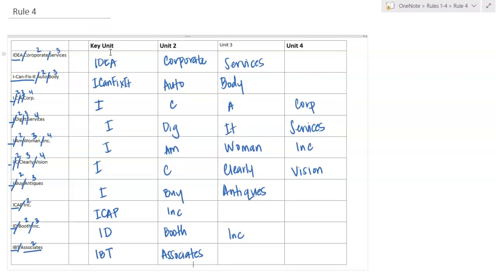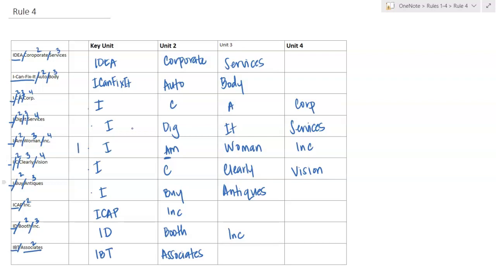Because of this rule, all of these 5 I's would be filed first, because they're just single I's. I'll then need to look at unit 2. If I look at unit 2, the A and M would be filed first, so that would be first.